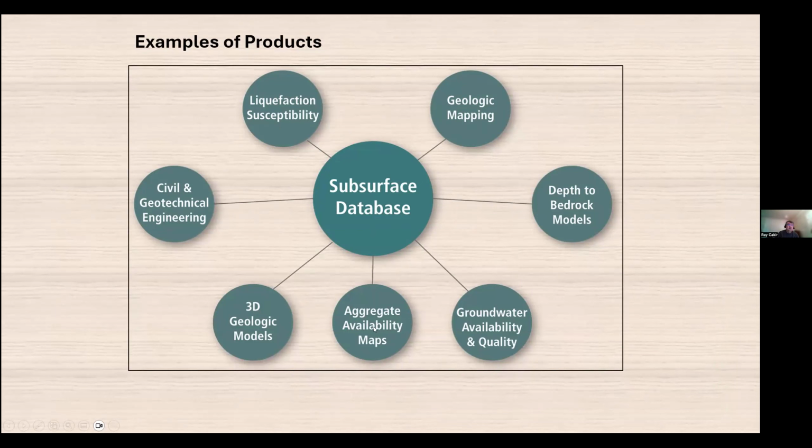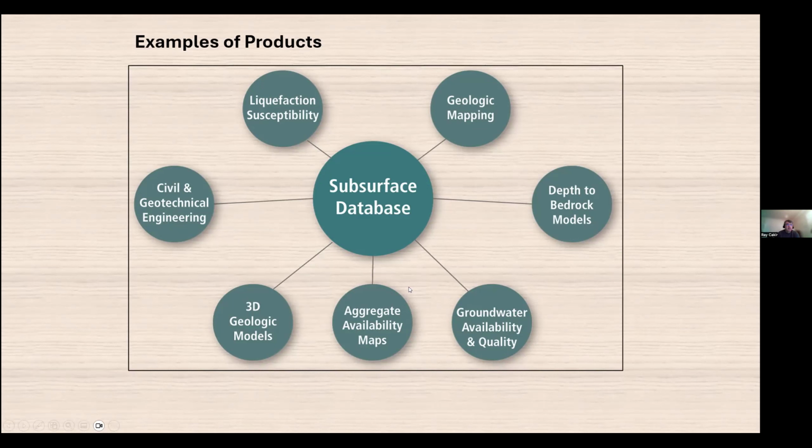Recently, we developed aggregate availability maps and groundwater availability and quality data. These can be generated more, and maybe climate change might enter in this, and also geothermal favorability maps and that kind of information.